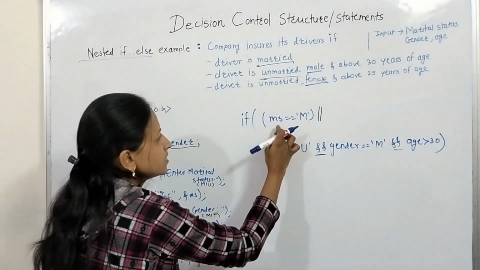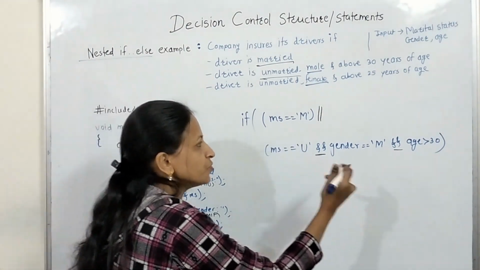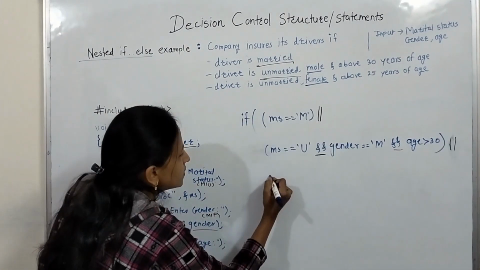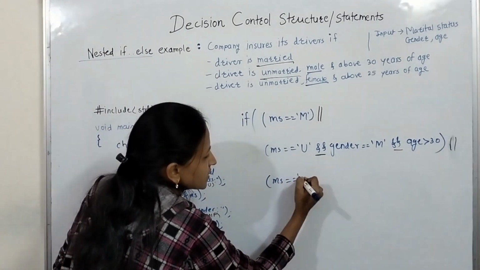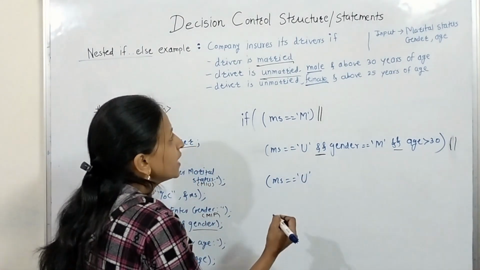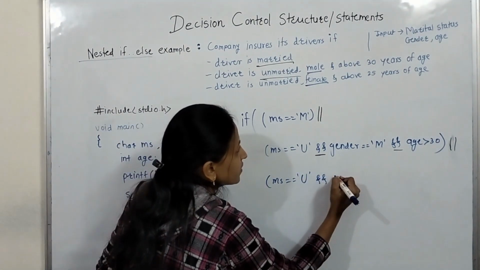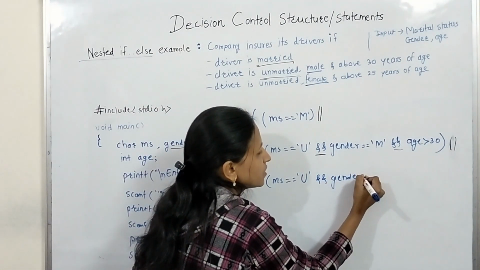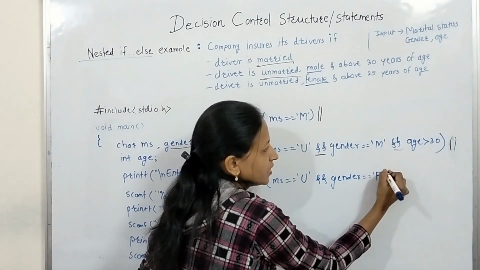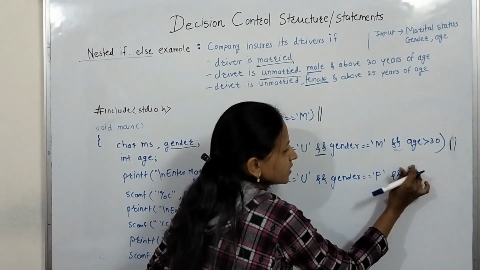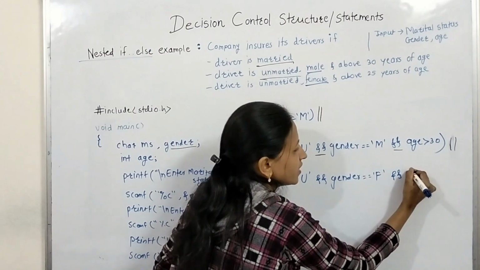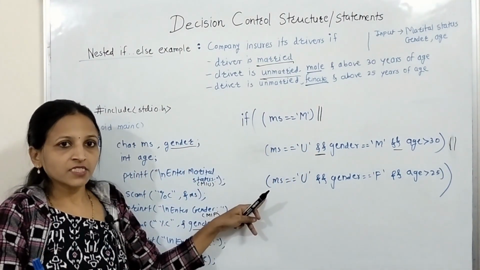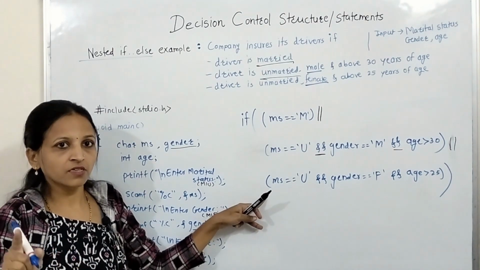Now or means this one is true or this one is true, or next we have to put that the driver is unmarried means MS is equal to U, and the driver is female means gender is equal to F, and age is greater than 25, in this way. In all these cases, the driver will get insurance from the company.